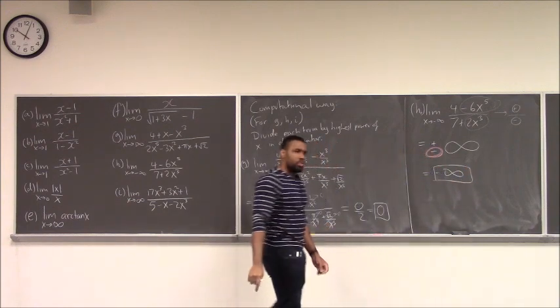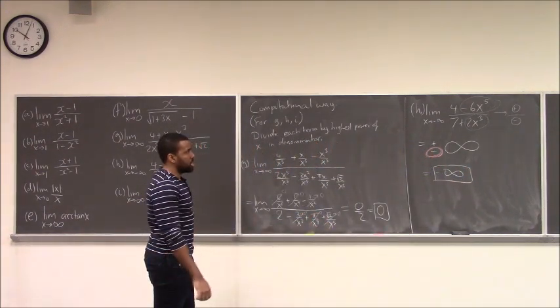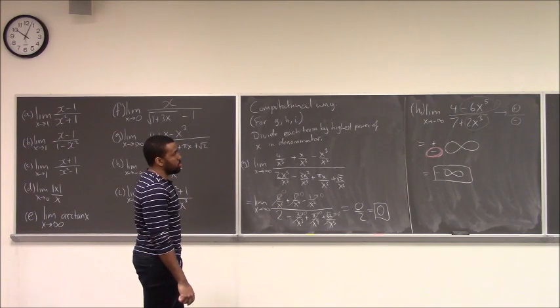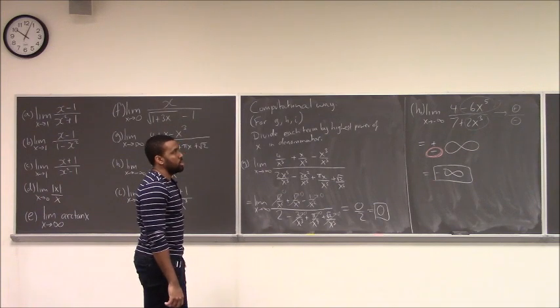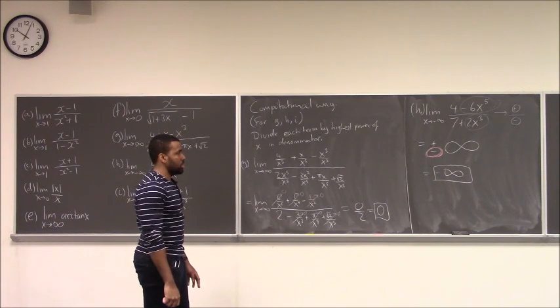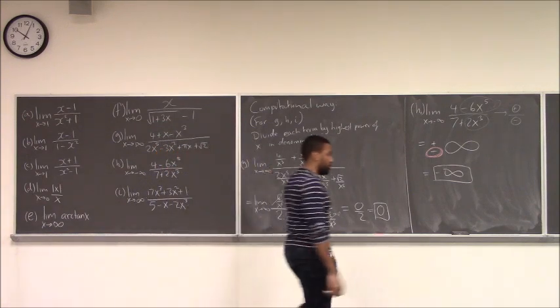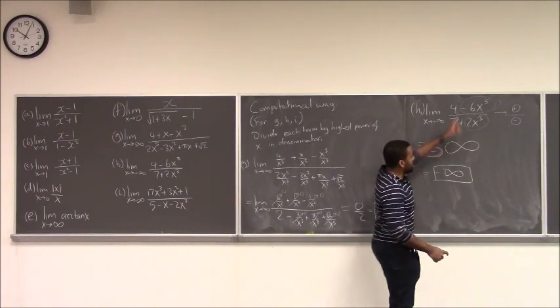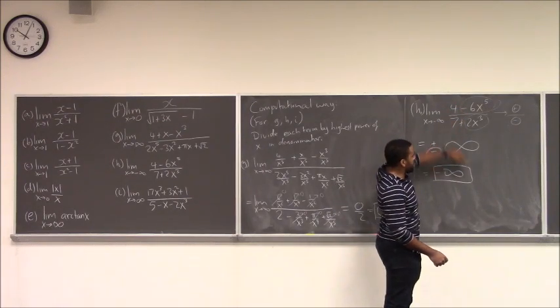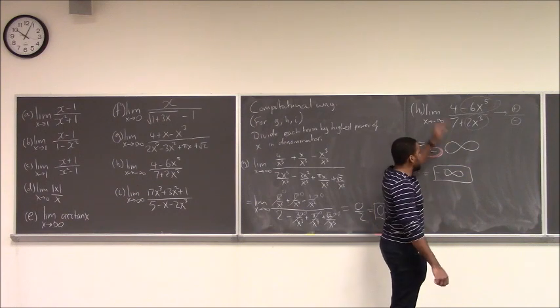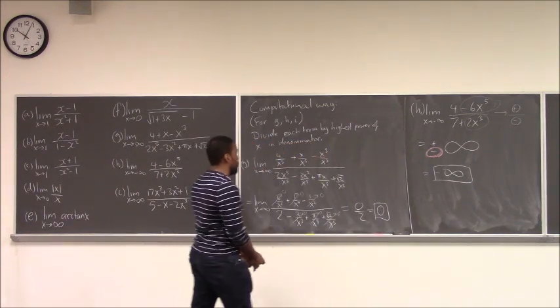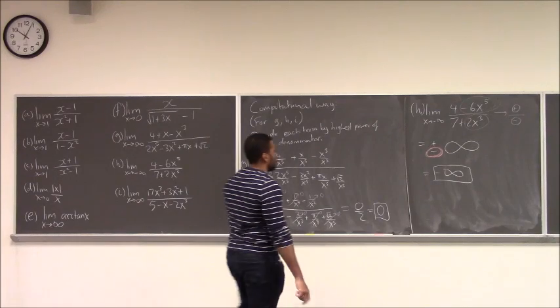So with the highest powers on the top, you kind of have to watch the signs a little bit and be careful. So according to this one, you'll have a very large positive number divided by a small negative number. And so you'll end up with a very large negative number. And again, you could do that whole thing of dividing the top and bottom by x cubed. You'll notice that you end up with a constant on the bottom and a power of x on top, which is going off to infinity, and then you can watch the signs carefully again.